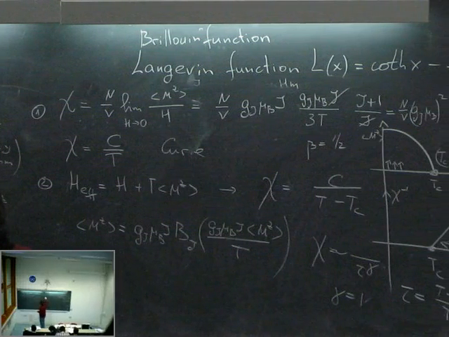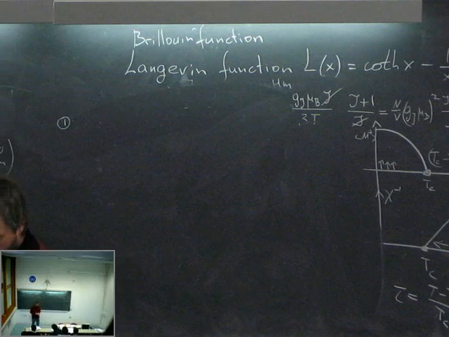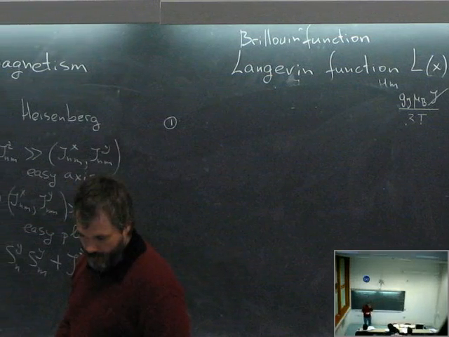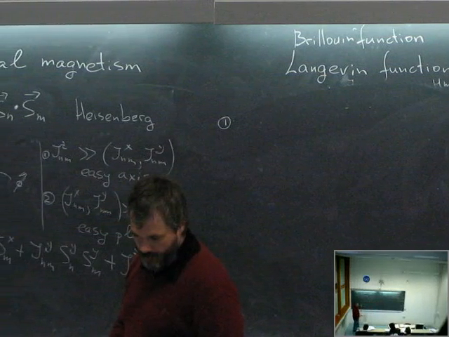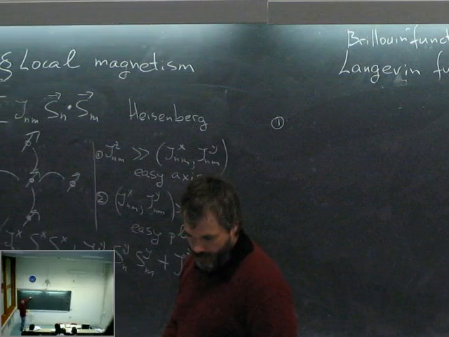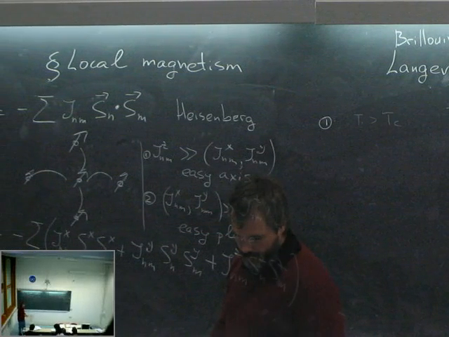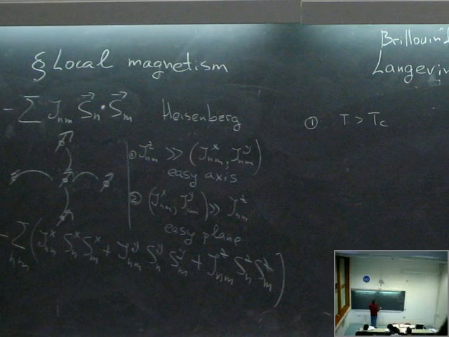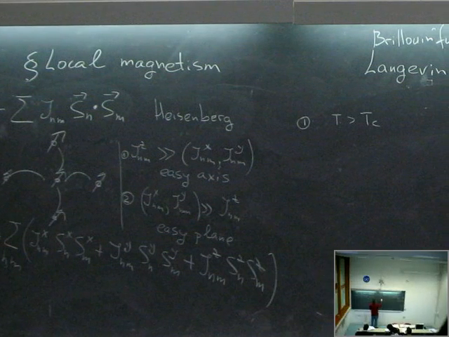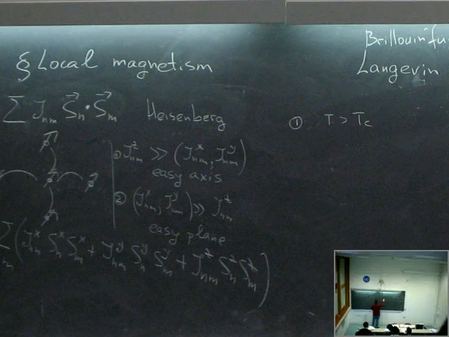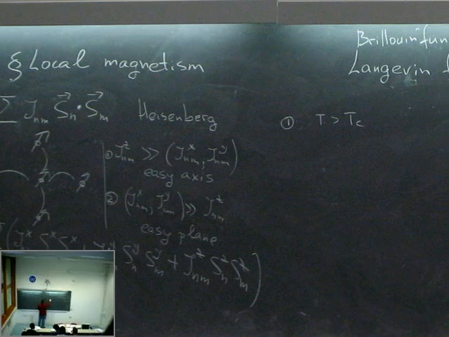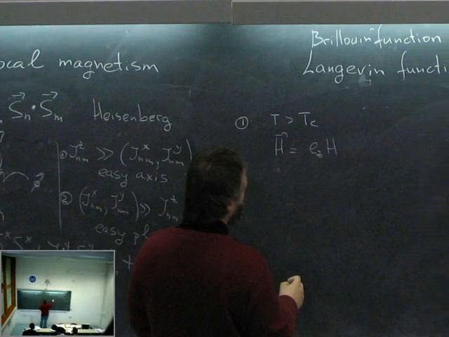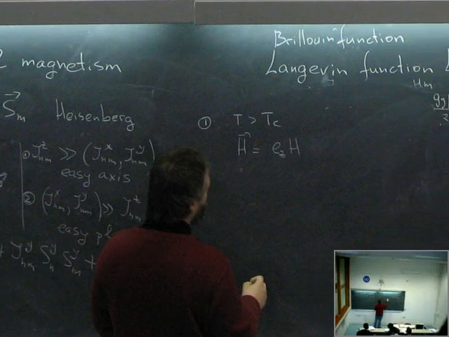First of all, I will assume that the temperature is larger than the critical temperature. Make a Fourier transform of the isotropic Heisenberg Hamiltonian and calculate the susceptibility of the system as a response to a magnetic field, which is e_z times H times cosine(q R).